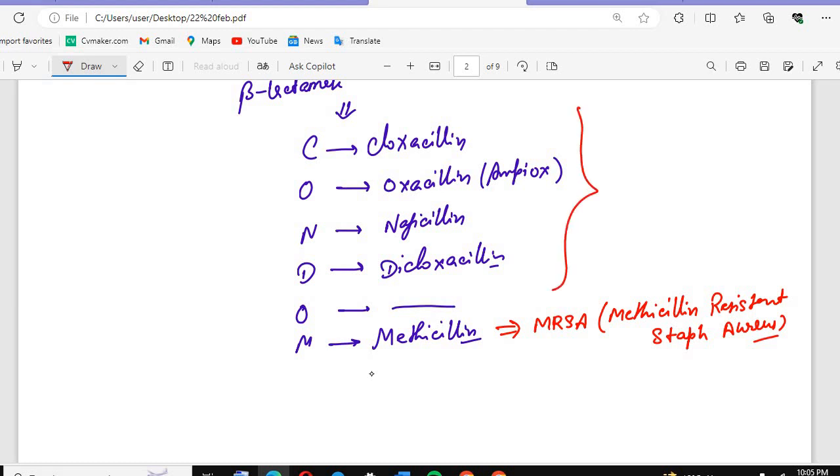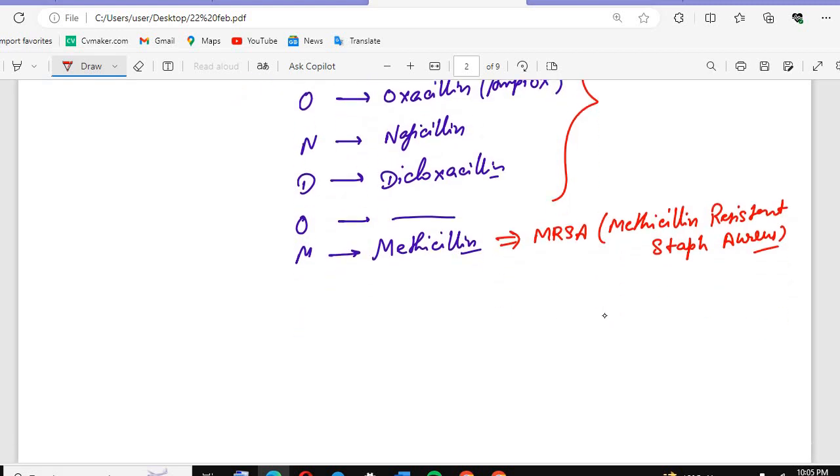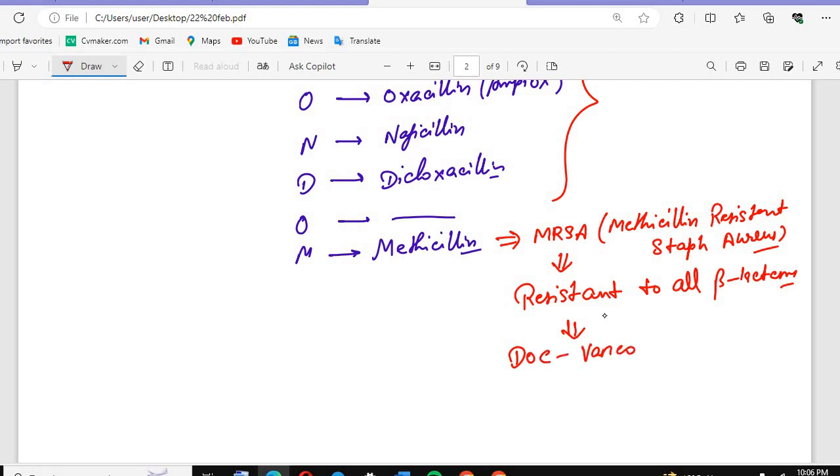If any bacteria is resistant to methicillin, it means they are resistant to all beta lactams. In that condition, which drug will we give the patient? The drug of choice for this condition is vancomycin.